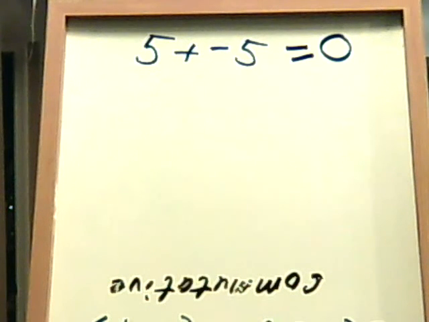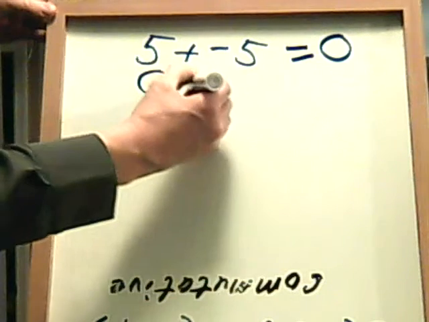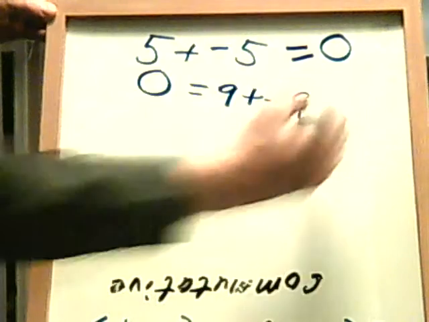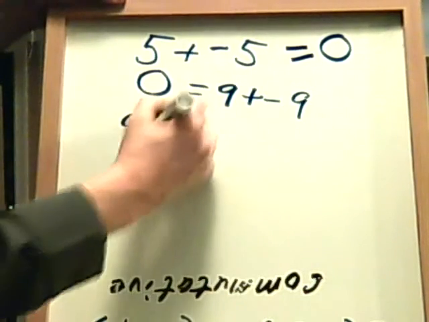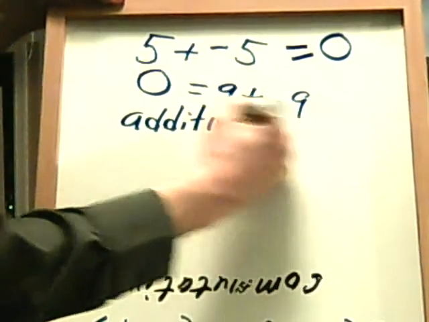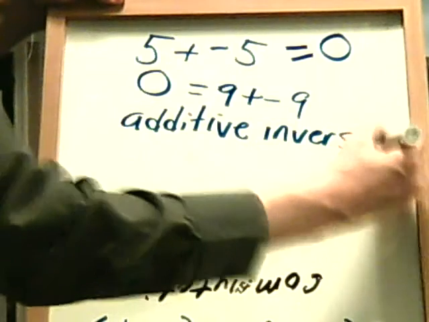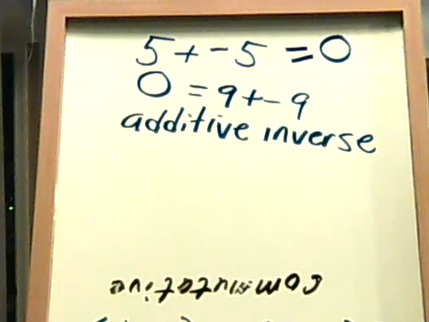And of course, that is what we have. The example on the paper is 0 equals 9 plus a negative 9. Okay, so they add up to 0, and that is additive inverse. We use that all the time when we solve equations. I'll also post a process chart about this.